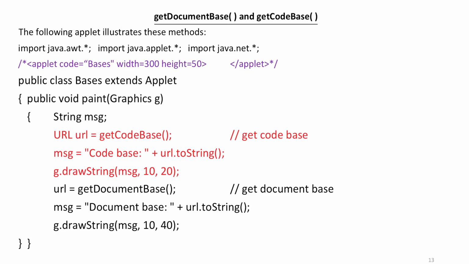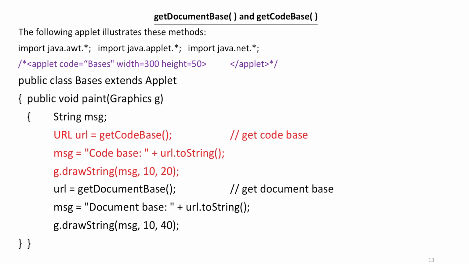This will be stored in the URL variable, and url.toString will convert it into string form, and g.drawString will display the string codeBase as well as the output of url.toString, which means the code file will be displayed at the 10, 20 coordinate.